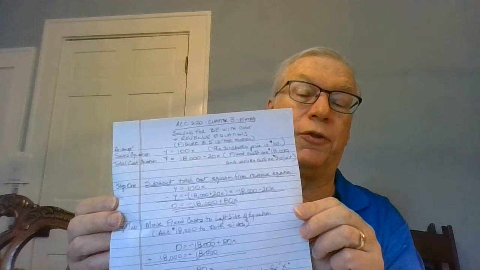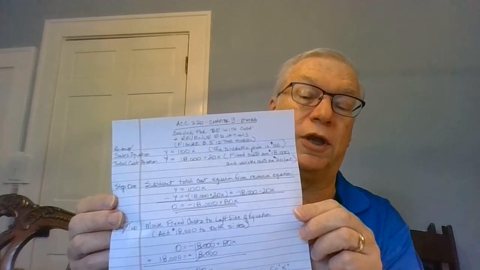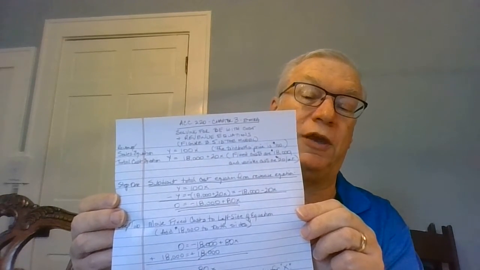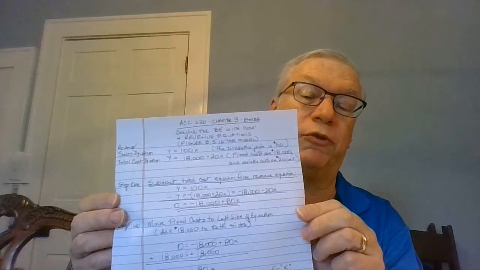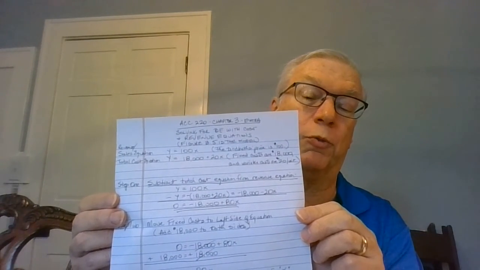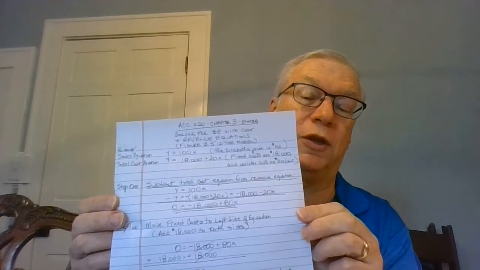On the right side of the equation, we have 100x, and then we're subtracting both 18,000 and 20x. Remember the distributive principle: when you're negating an arithmetic equation, you have to negate both terms.